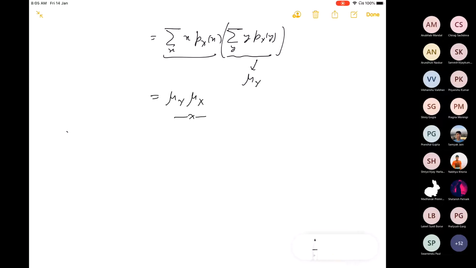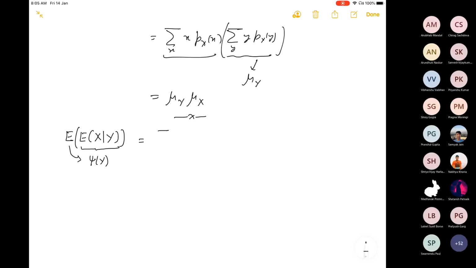So the expected value of x given y. As we have just seen, this will be a function, some psi of y. So if I take the expectation, this expectation is over basically y.